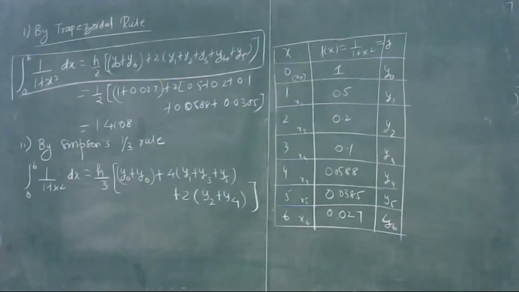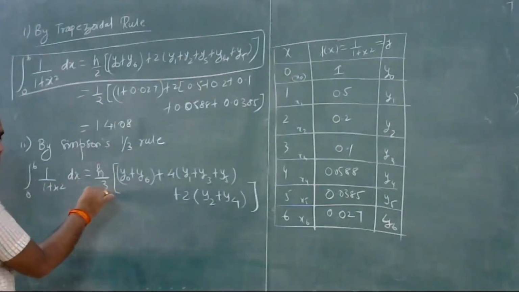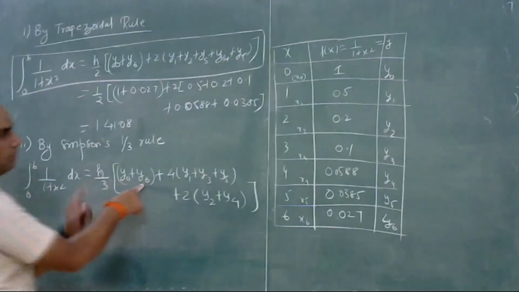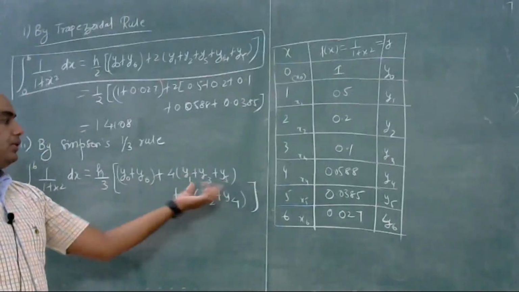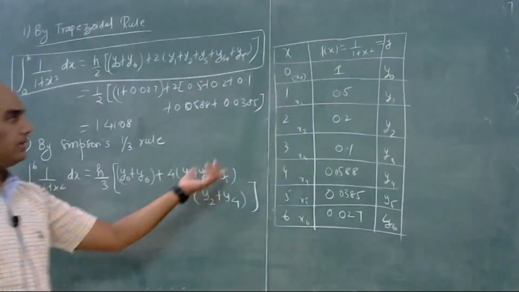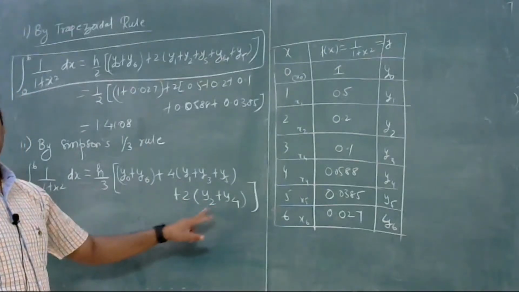So this is Simpson's 1/3, so this will be h upon 3. Write the first term and last term. The first term is y0 and the last term is y6. Then 4 times the odd values of y, that is y1, y3 and y5, plus twice the even values of y.